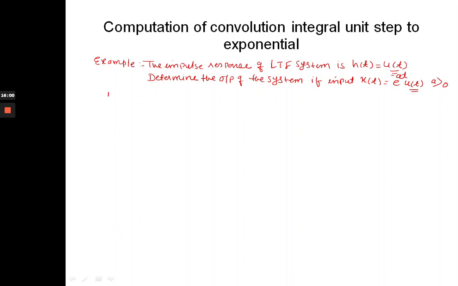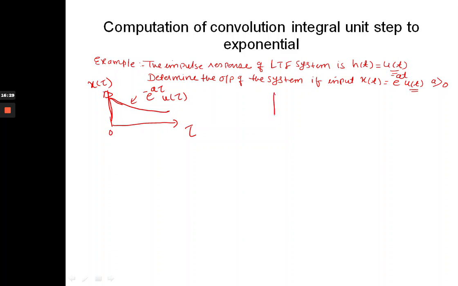The first step is draw this signal x of t in the dummy variable tau, right, and that equals the exponential signal, e raised to minus a tau u of tau, and this will exist for this.